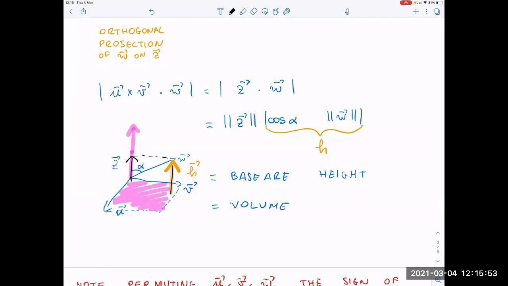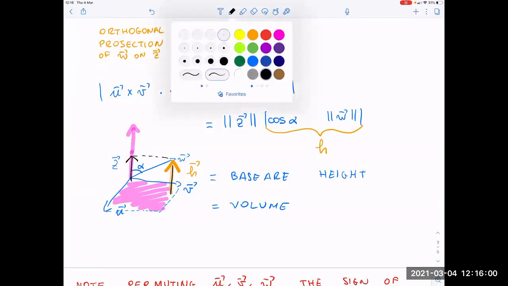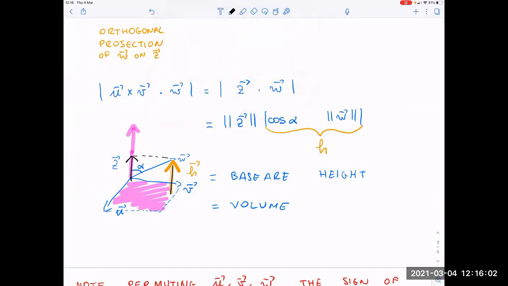The magnitude of Z is the base area, because that is the formula of what we saw before, right? Triangle. So what is this one? This is magnitude of U, magnitude of V, and then you have the sine of angle, call it beta, which is here, right?